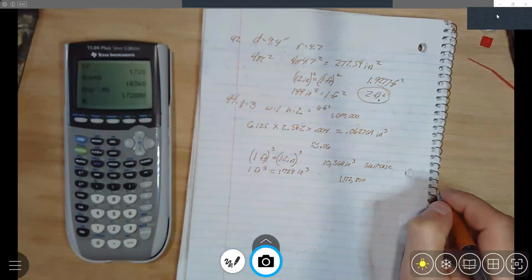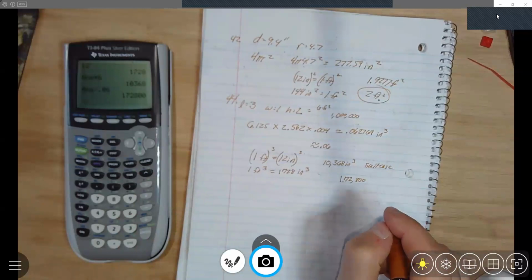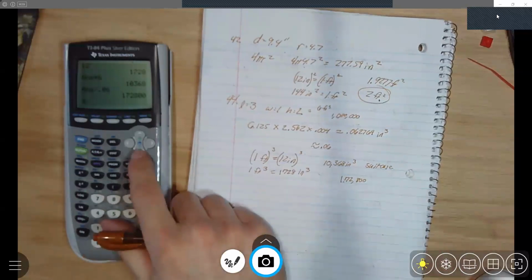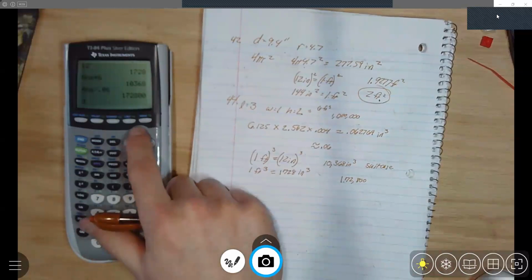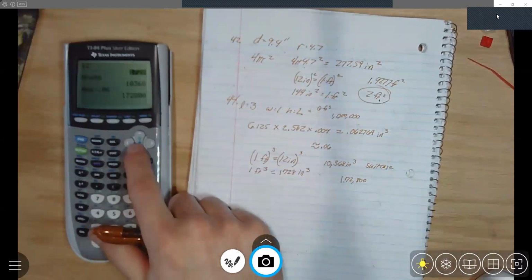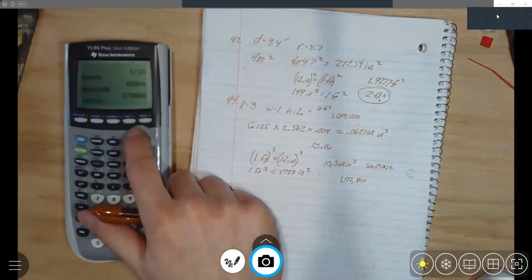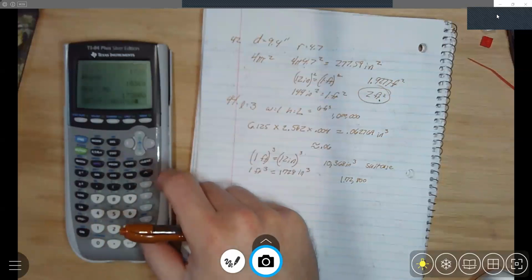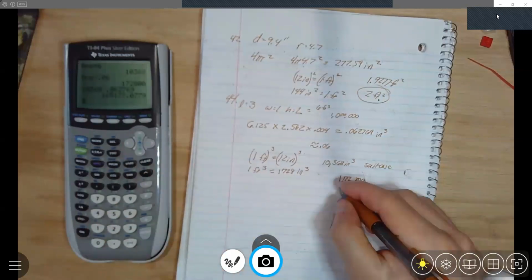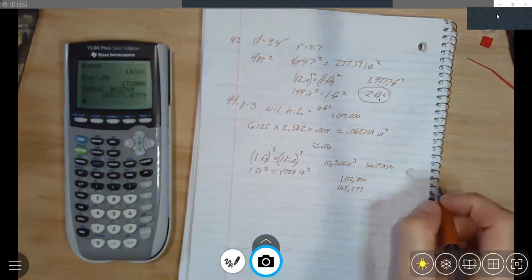And if I do the exact value, so if I take my 10,368 divided by my exact value, that tells me I only can fit in 165,177.